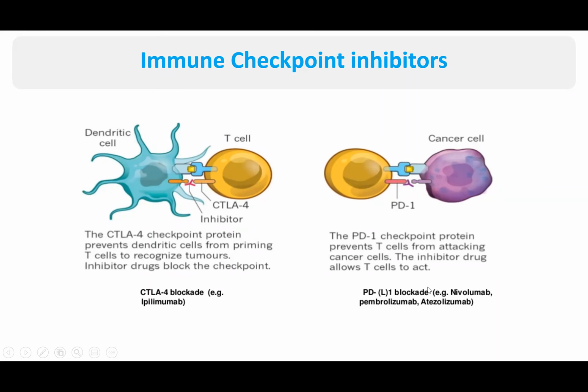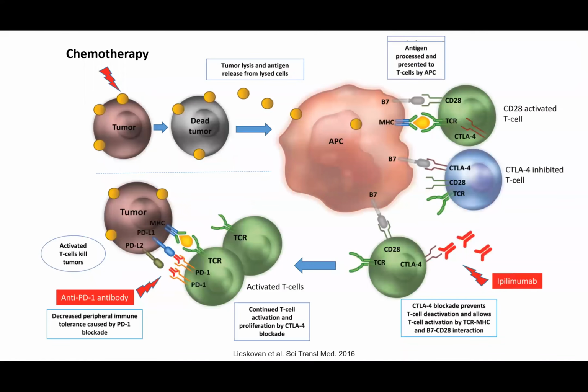That's why we can use some antibodies to block either PD-1 or PD-L1, for example nivolumab, pembrolizumab or atezolizumab. All these antibodies act by inhibition of the PD-1, PD-L1 inhibitory pathway, either by blocking PD-L1 on the cancer cell or PD-1 on the T cell. The net result: the T cell becomes reactivated and can attack the cancer cells.